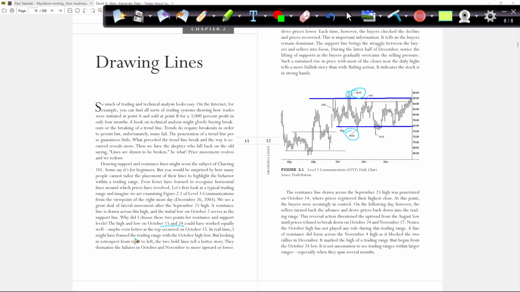I might have framed the trading range with the October high and low. But looking in retrospect from right to left, the two bold lines tell a better story. They dramatize the failures in October and November to move upward or lower.